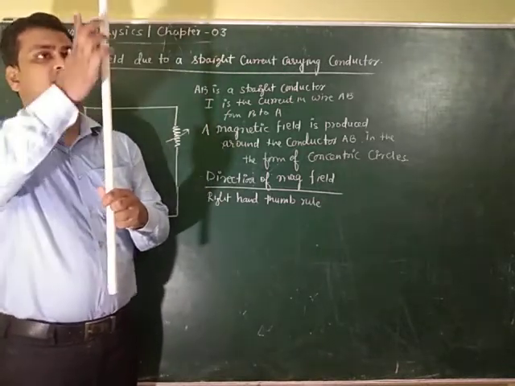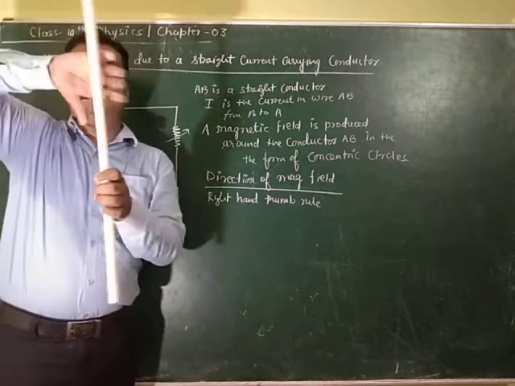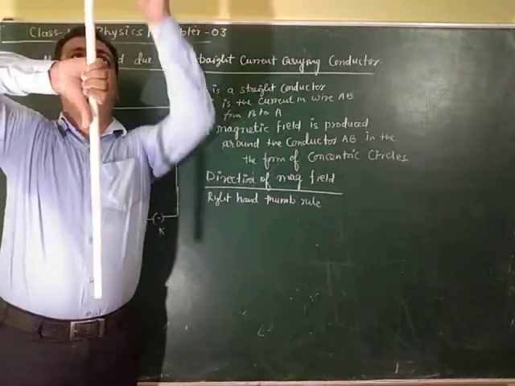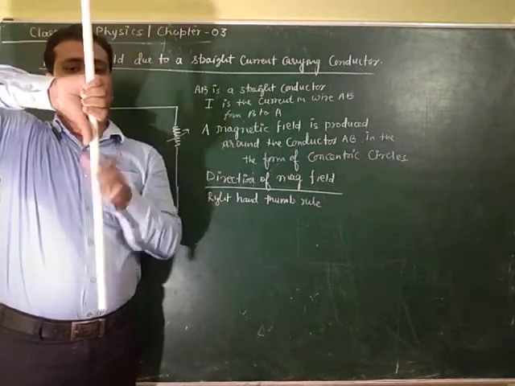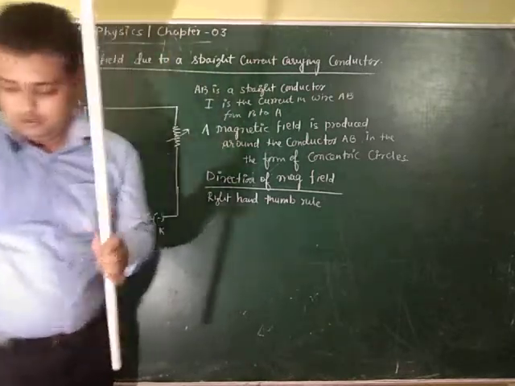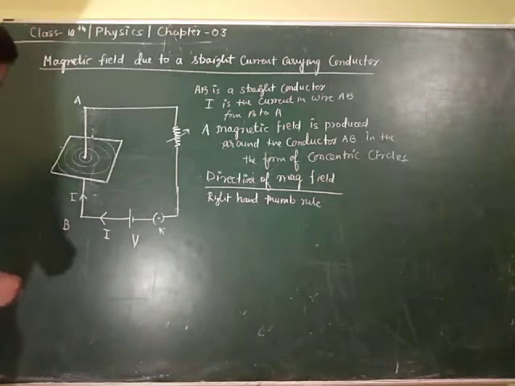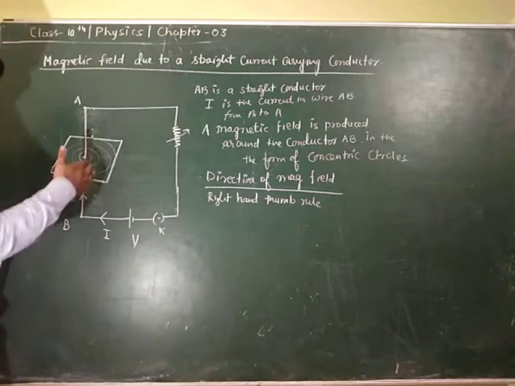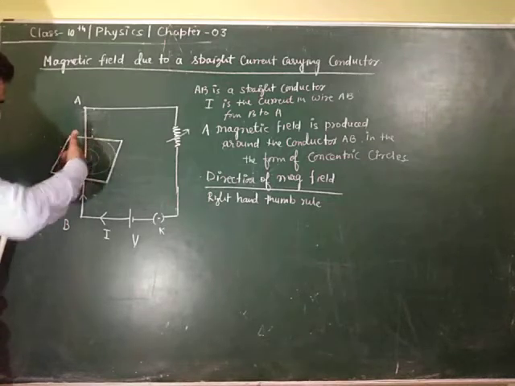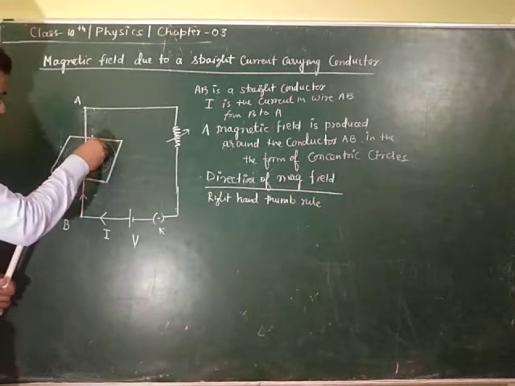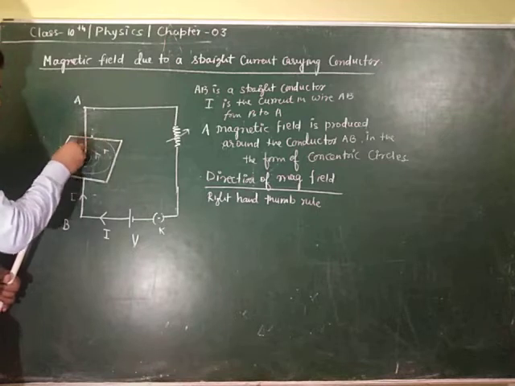Current is moving upward here. Suppose I have pointed it in this direction, meaning the current is flowing upward, so the magnetic field will be in this direction. So tell me, what will be the magnetic field over here? Just hold it in this direction, so the magnetic field will be in this direction.